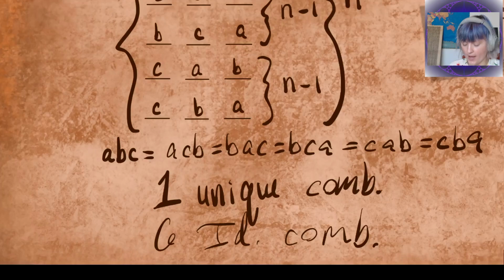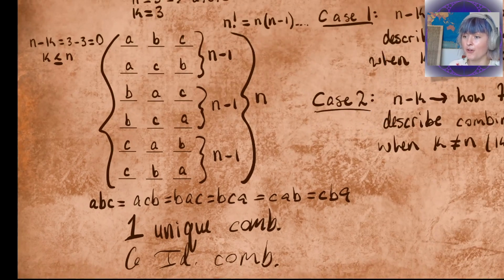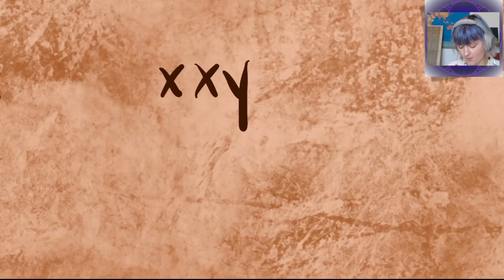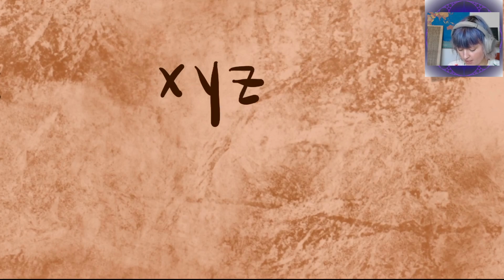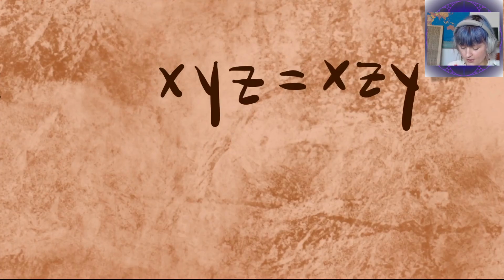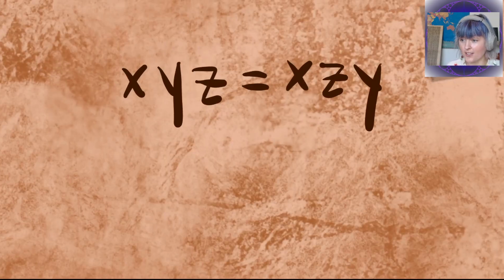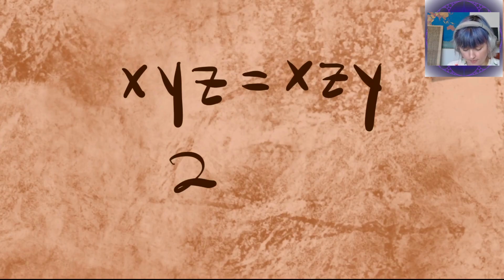And that's kind of why it's useful for the polynomial, for the binomial theorem, because obviously x times y times z is equal to x times z times y. And so it's going to recognize that these are identical, and it's just going to say, all right, if you were to add these two together, then you have 2 of this.